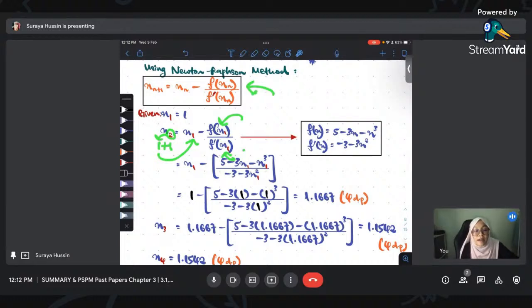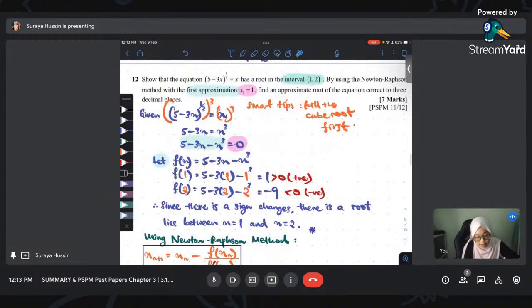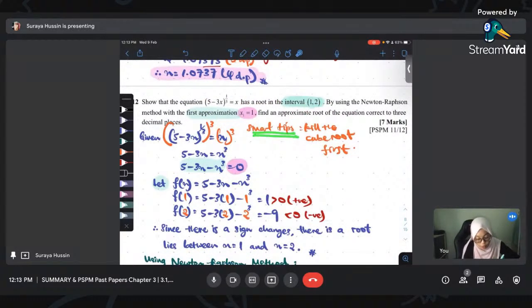You should understand. Okay? Oh, Lim asks, Miss, it's fine if we don't use the cube, right? It won't reduce marks? You mean to reduce marks? Yes, it won't reduce marks if you manage to get the same answer. It doesn't matter, actually it's fine. I did a smart tip here so that we won't make a lot of careless mistakes and our calculation will be much easier.